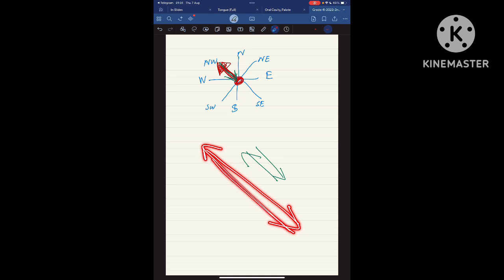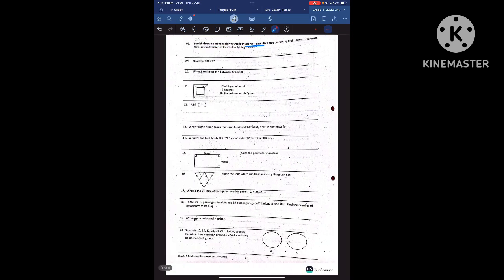So if this is northwest, this is southeast. Because why? This goes this way, it is northwest, but it comes the opposite direction, this way. This way means southeast. So your answer has to be southeast.